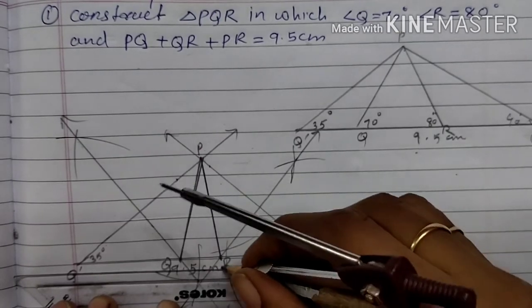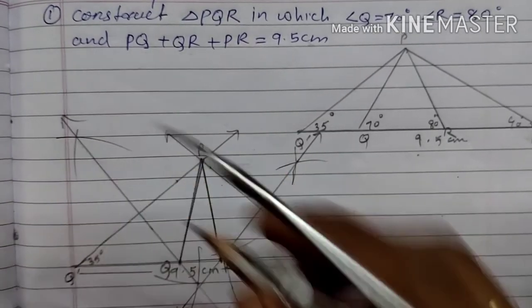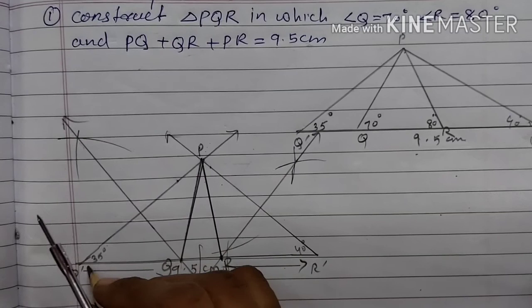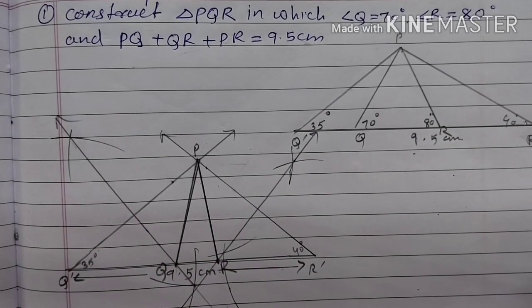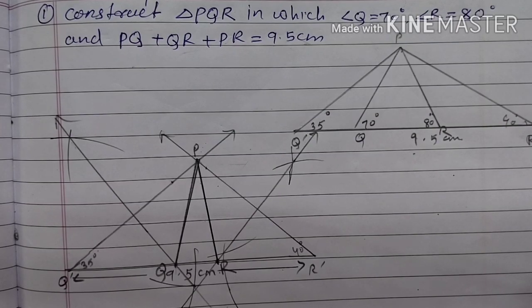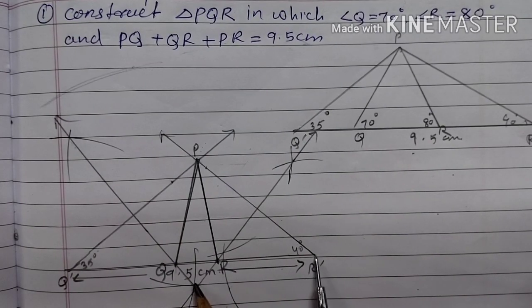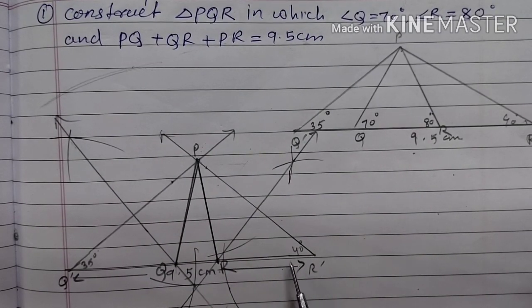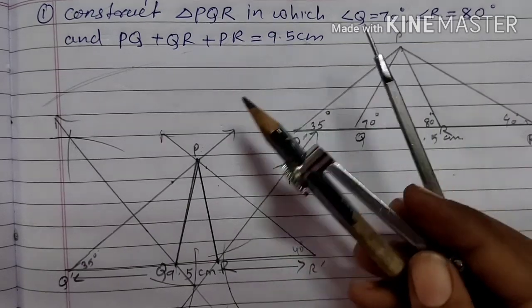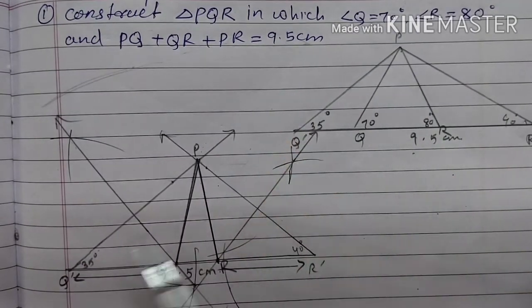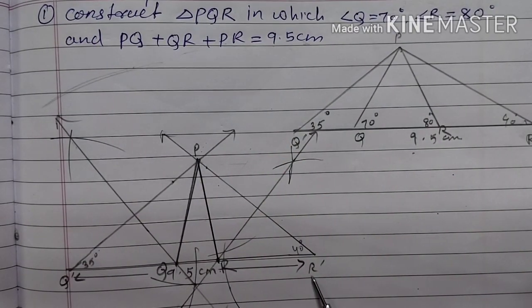Here angle Q is 70 degrees and angle R is 80 degrees. Write the measures. So first of all, we draw the base Q dash R dash by taking the measure of the perimeter given, 9.5 centimeters. We give the name of the base Q dash R dash.